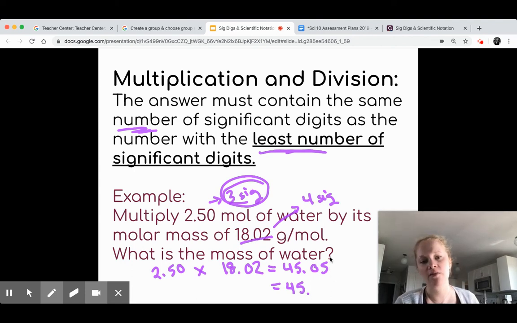Okay, so 5 and up means you're going to round up. 4 and down means it stays the same. So if this was a 3 instead of a 5, this would be 45.0. But because it's a 5, this is actually 45.1. And then we always throw our units in there, which is grams.